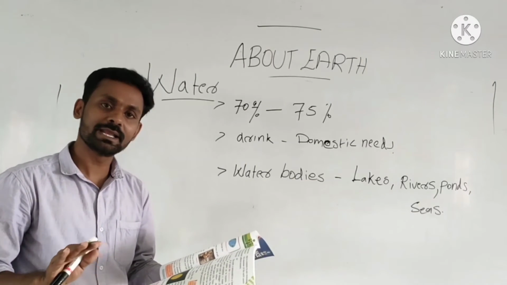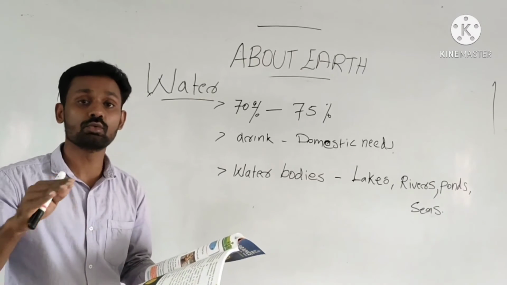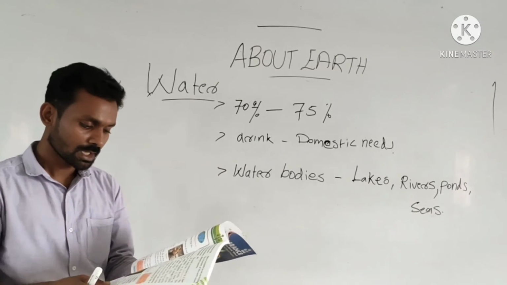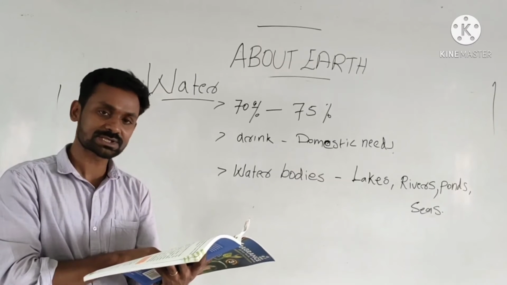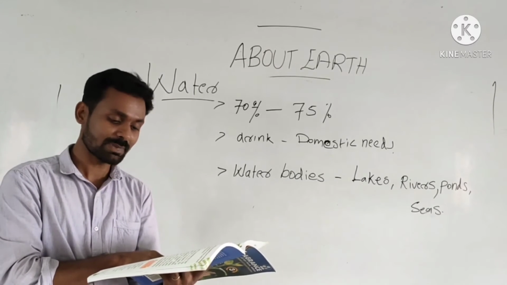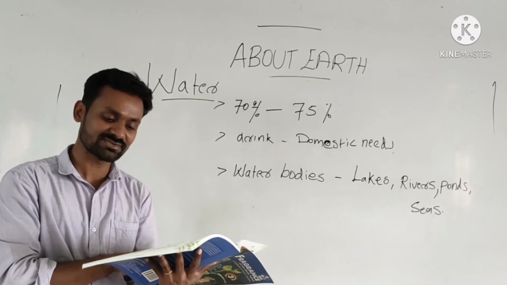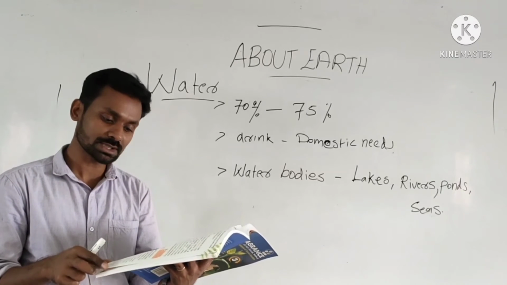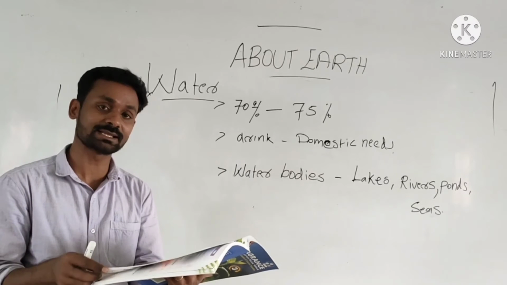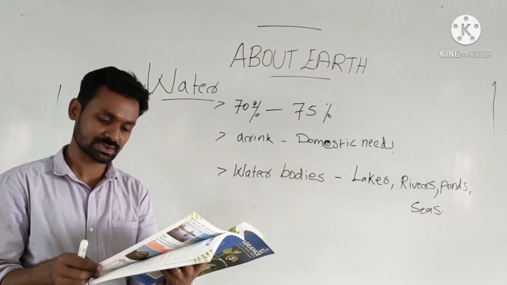Next subheading we are going to discuss is water. About 70 to 75%, or 3/4, of the earth's surface is covered with water. We need water to drink and for many other domestic purposes.